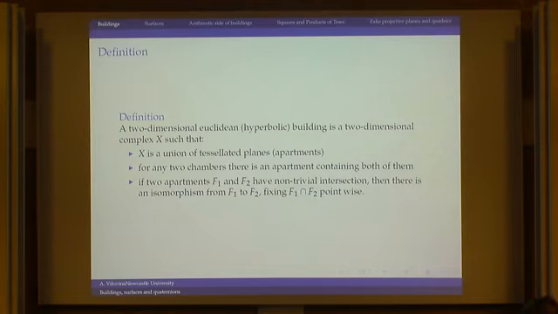Chambers are polygons in our tessellations. And if two apartments have a non-trivial intersection, then there is an isomorphism of the apartments fixing their intersection pointwise.